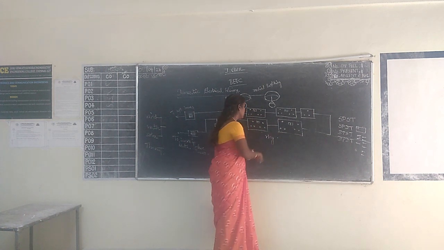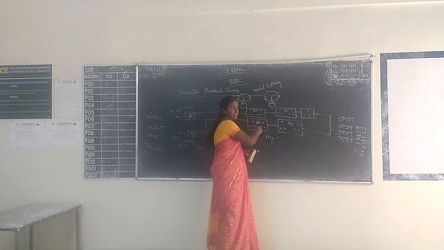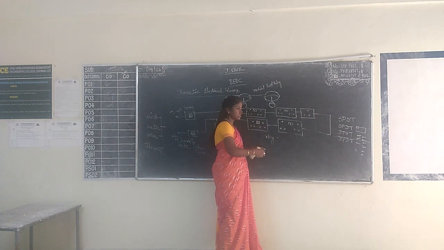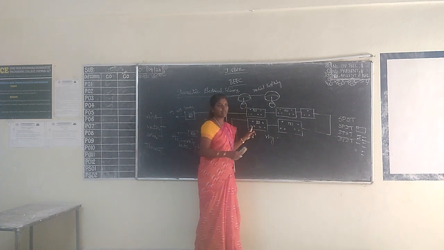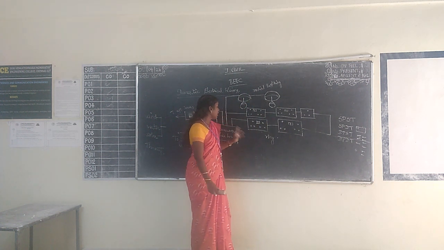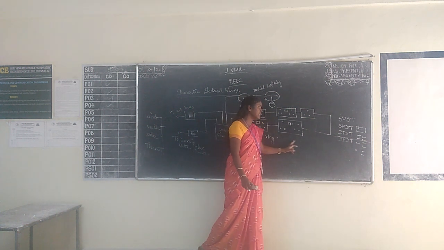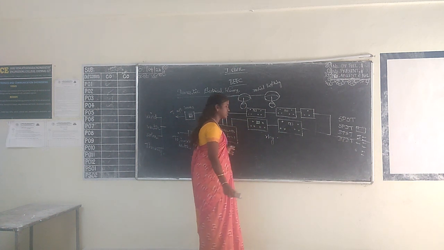Inside this box we have connections, with various sets of switches and jackets connected to these boxes. Here the connection is shown as a ring main.